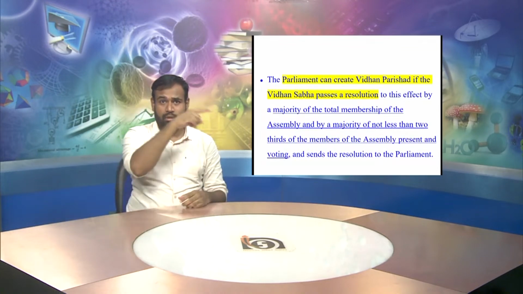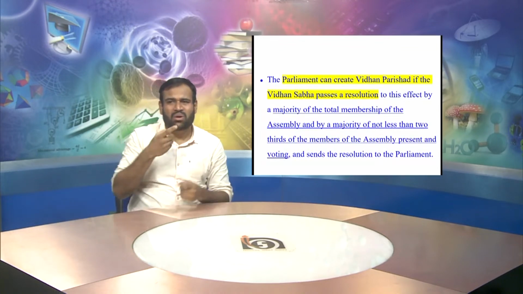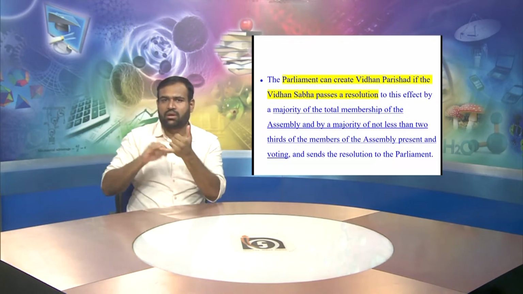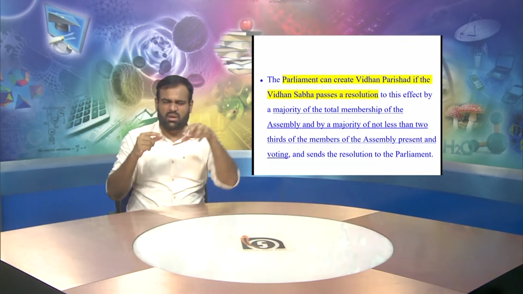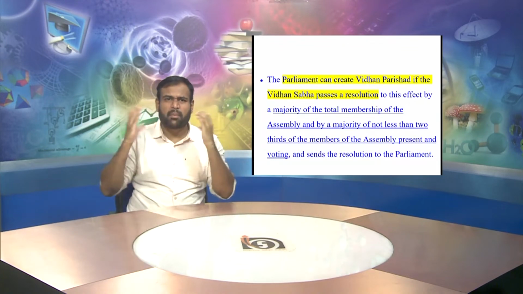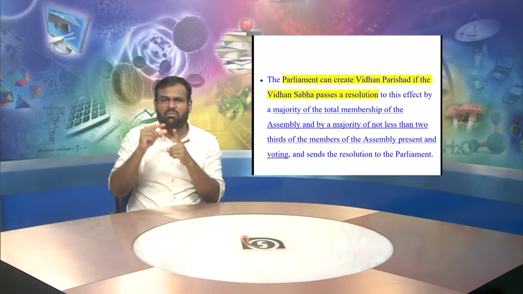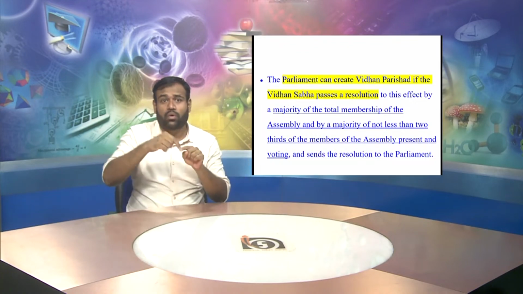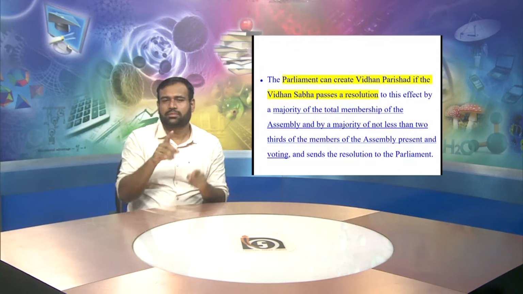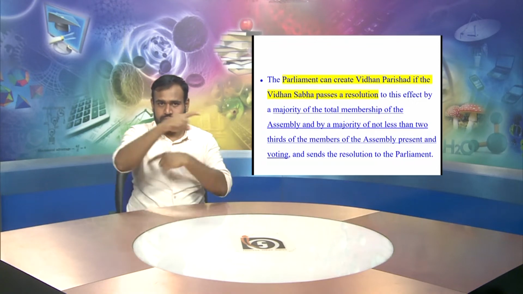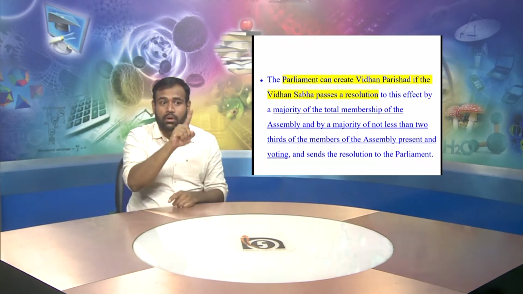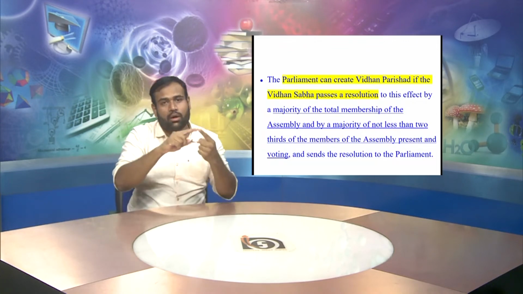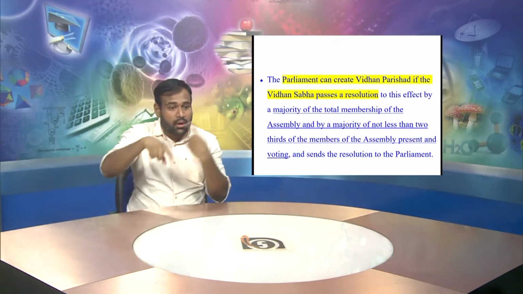The Parliament can create Vidhan Parishad if the Vidhan Sabha passes a resolution to this effect by a majority of the total membership of the Assembly and by a majority of not less than 2/3 of the members of the Assembly present and voting, and sends the resolution to the Parliament.